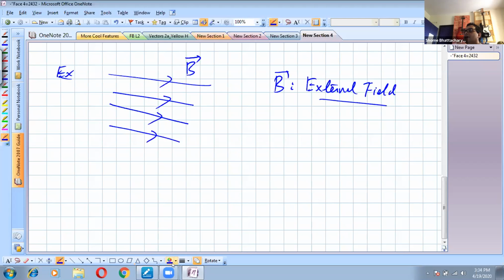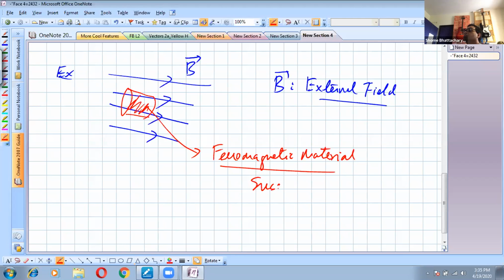And then in that region, suppose we place some magnetic material, like a ferromagnetic material, typically like soft iron over here, which has susceptibility given by the symbol chi.